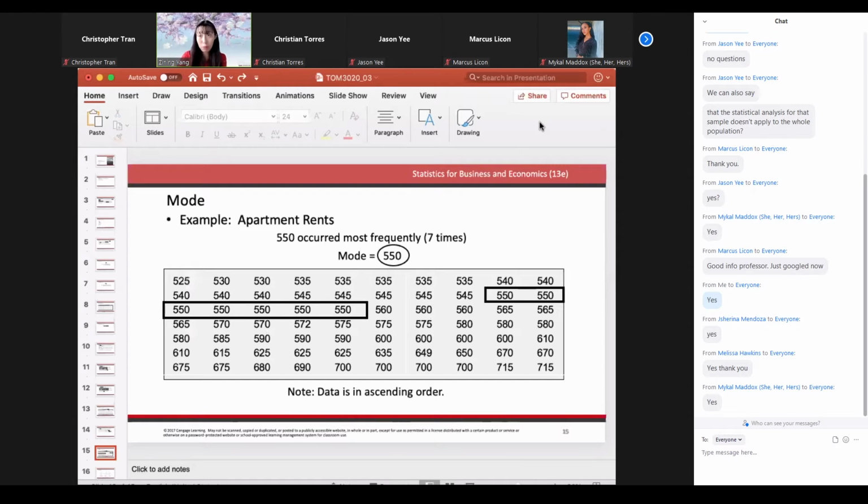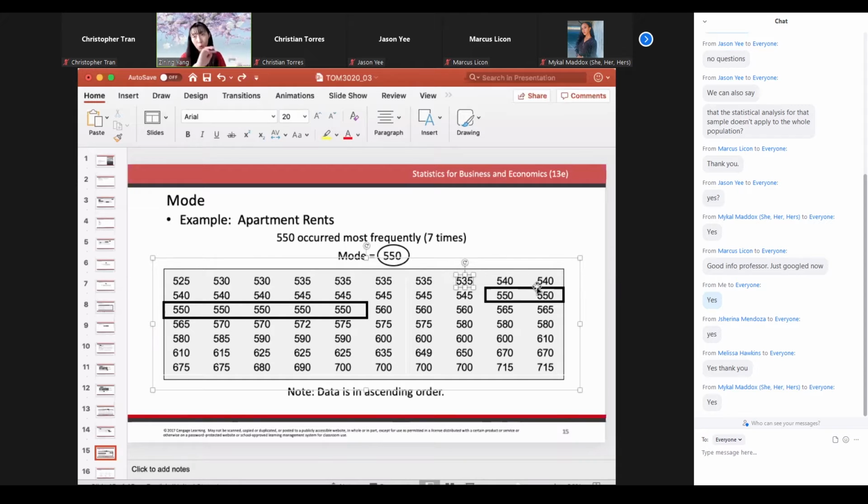Going back to the apartment rent example, since we've already sorted it, we see $525 showed up one time. $530 showed up two times. $535 showed up 1, 2, 3, 4, 5 times.